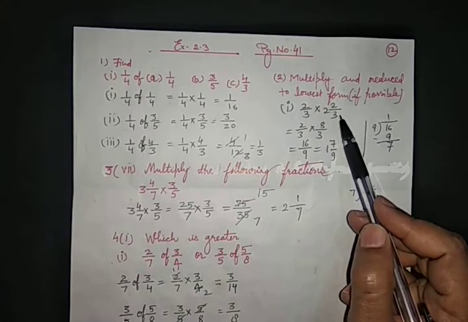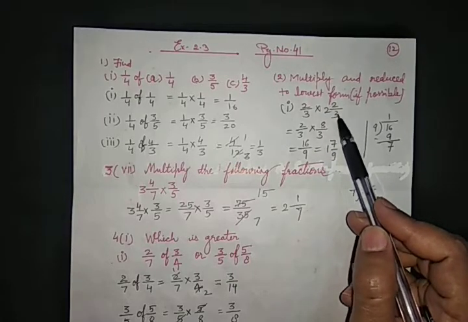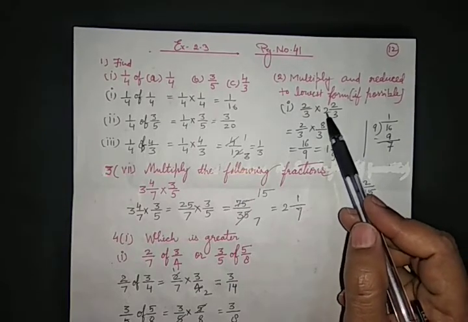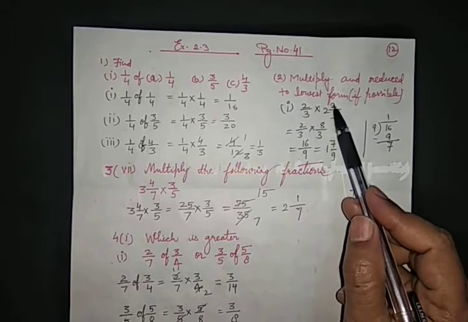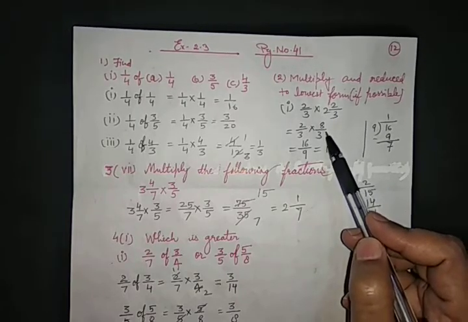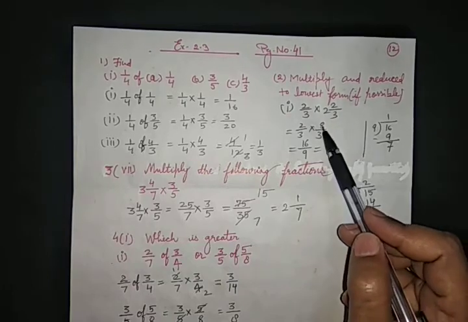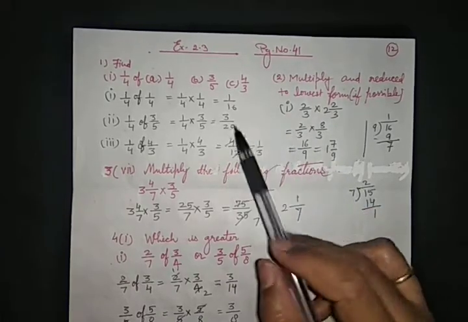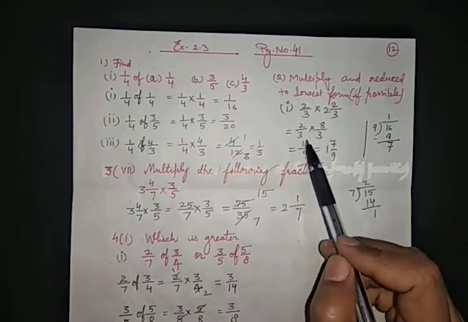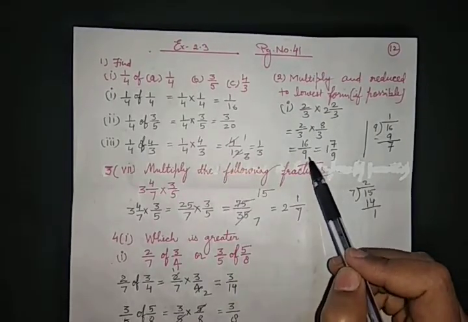You can see it is a mixed fraction. We will write it as an improper fraction. 3 2s are 6 plus 2 is 8, so 8 upon 3. Now again you will multiply just like this. 2 into 8 is 16, 3 into 3 is 9.